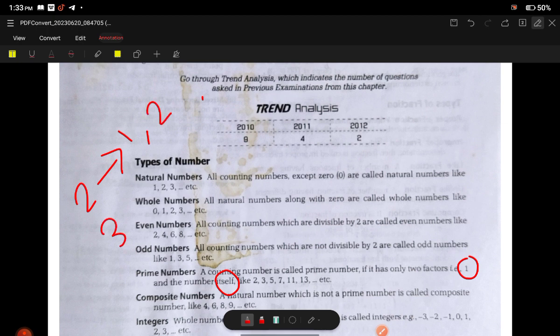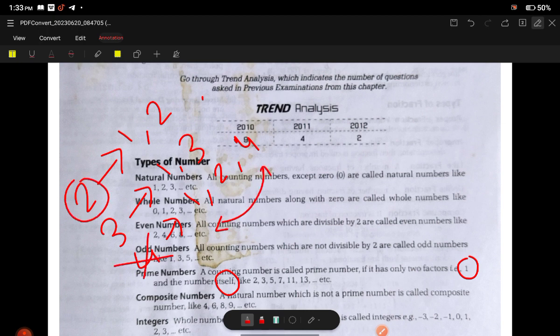If you take 3, how many factors? 1 and 3. If you take 4, then how many factors? 1, 2, 4. So it has three factors, more than two factors, 1 and the number itself. Since it has three factors, it will not be a prime number.